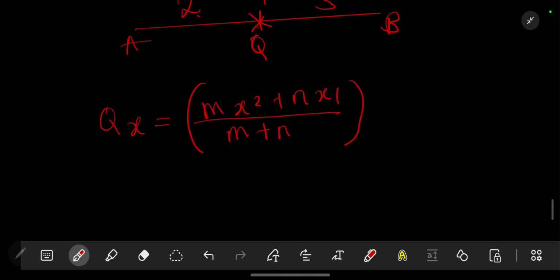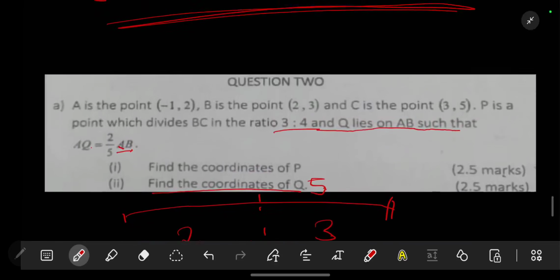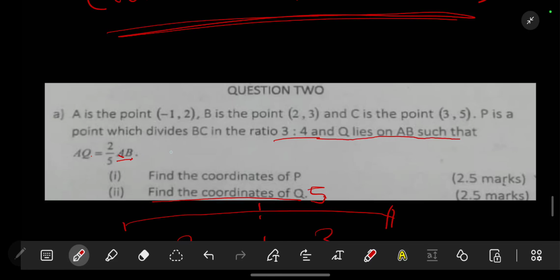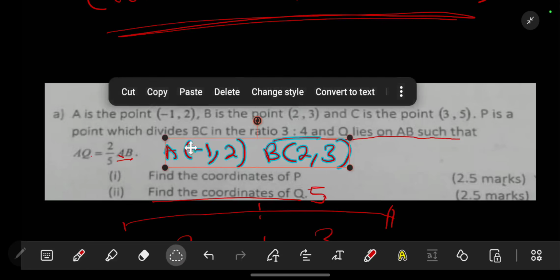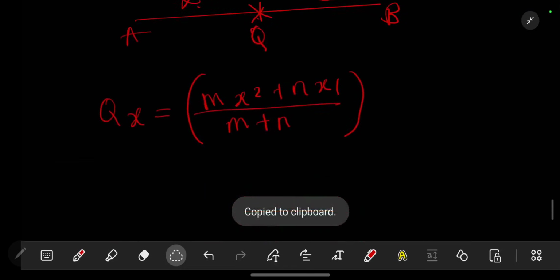Then replacing, let's write our AB. Our A has coordinates -1, 2. Our B has coordinates 2, 3, like that.